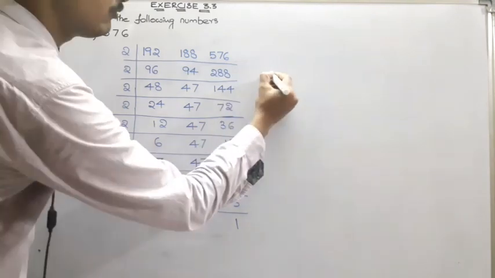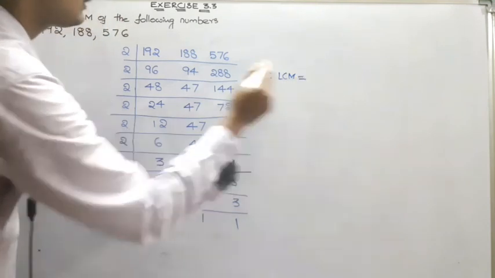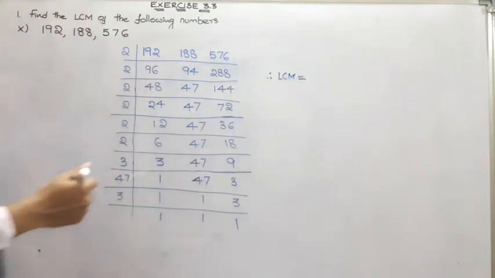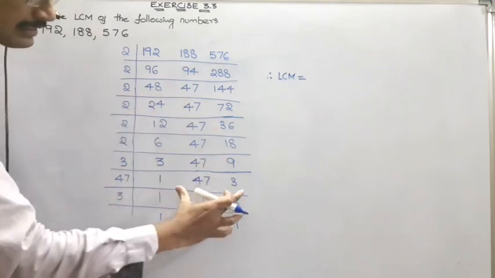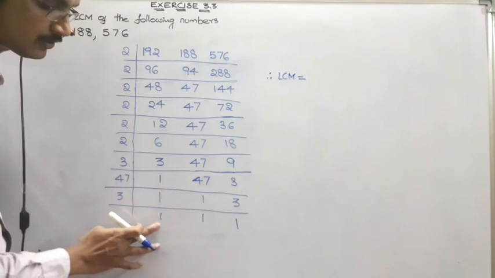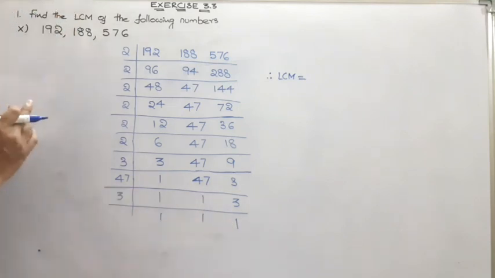Okay. Therefore the LCM of these numbers is going to be, you have to multiply all of this. I am repeating again, children. You can stop at this step, or if you still have any confusion, you can continue till all the values are 1.